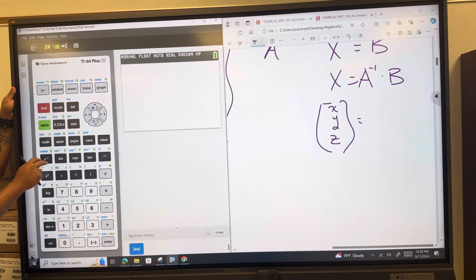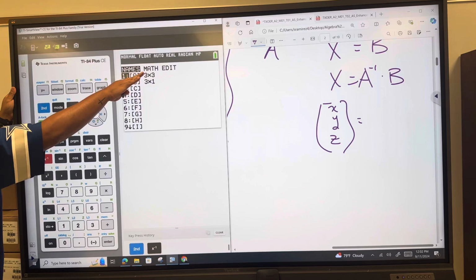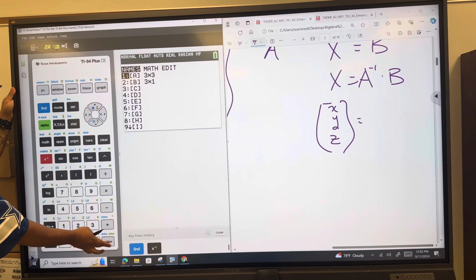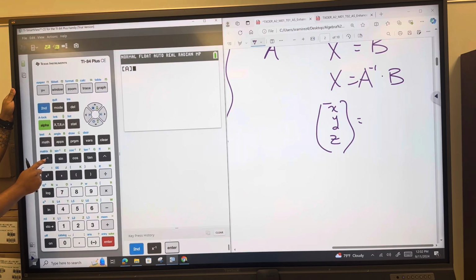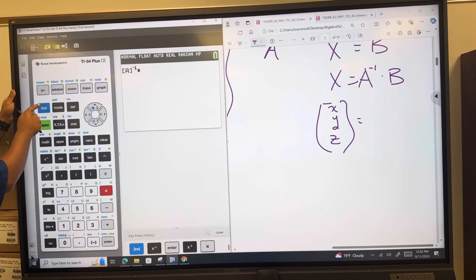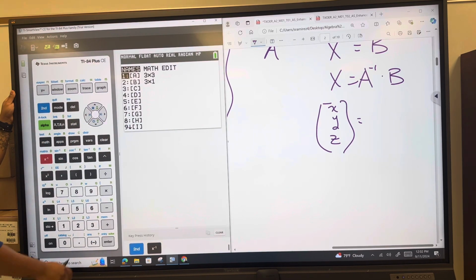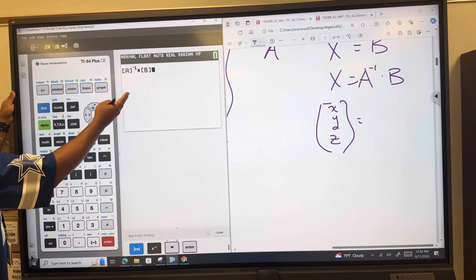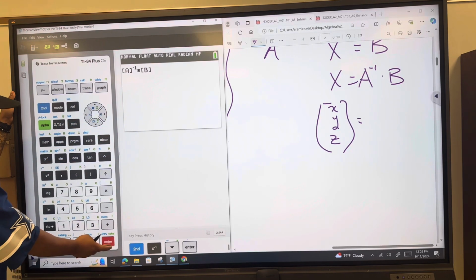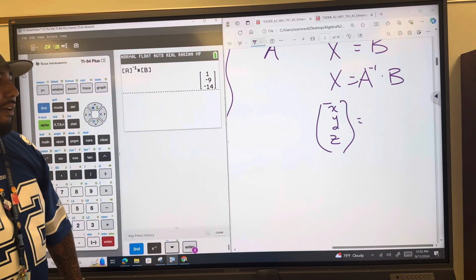I'm gonna do second, matrix, enter, because A is right there. I'm gonna put exponent negative 1, which is right here, the matrix button, times matrix B, second, matrix, go down, B, enter. There it is, just like how I wrote it. Enter. There are my values.